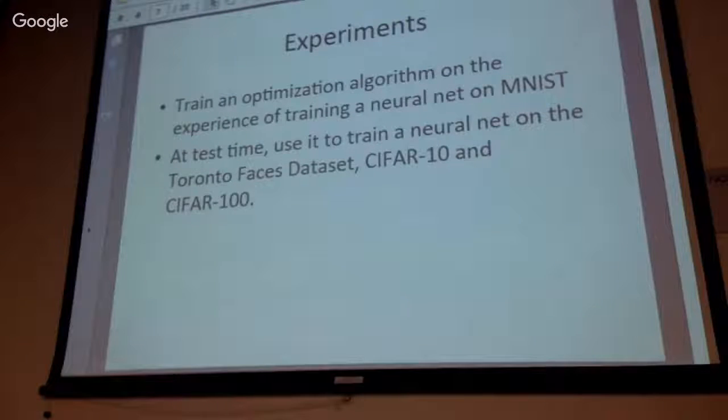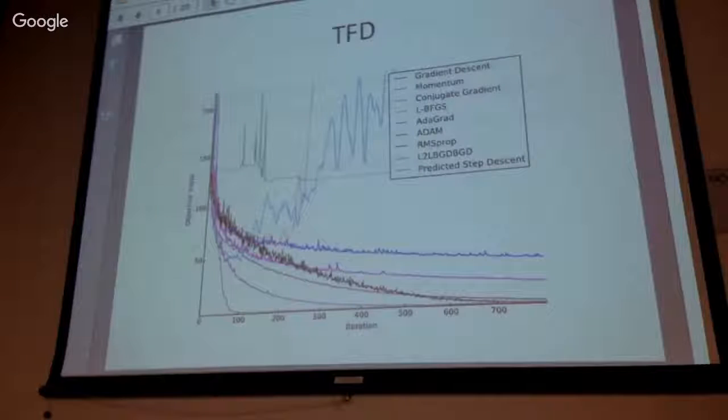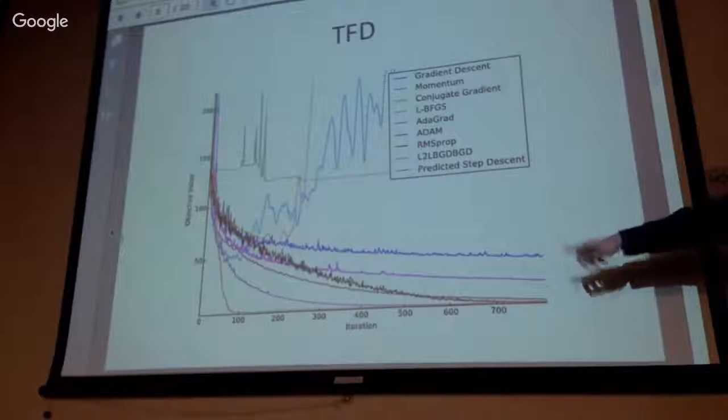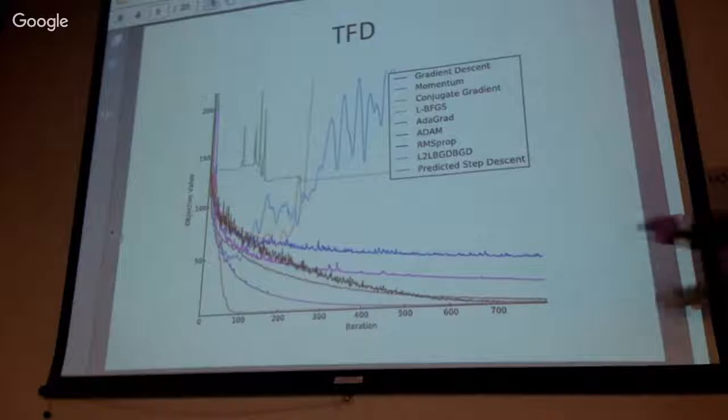For the experiments, we train the optimization algorithm on the experience of training a neural net on MNIST. And at test time, we use it to train neural nets on the Toronto Faces Dataset, CIFAR-10 and CIFAR-100. So this is on TFD. I guess a couple of interesting things. First of all, the best performing algorithm other than ours is actually Momentum. And the blue line is the DeepMind method.